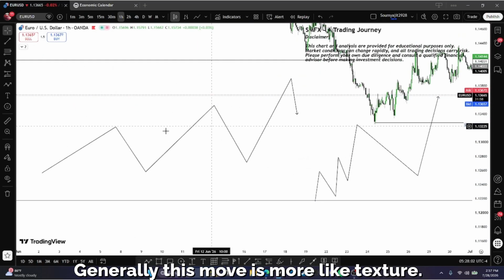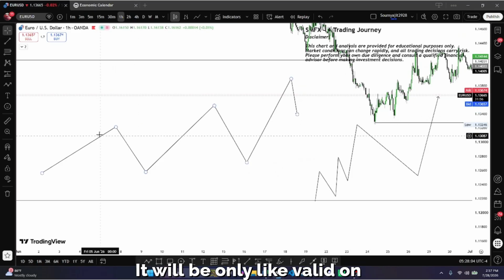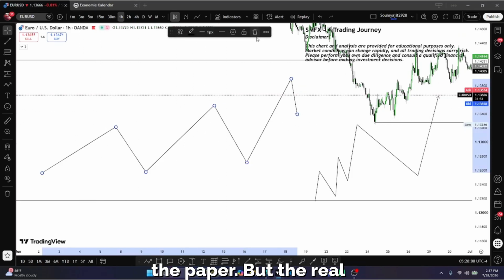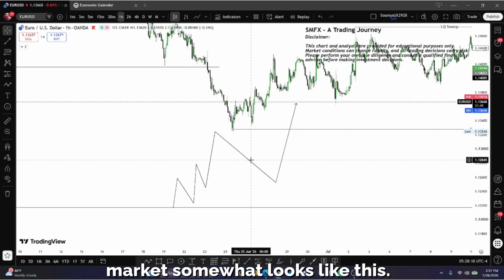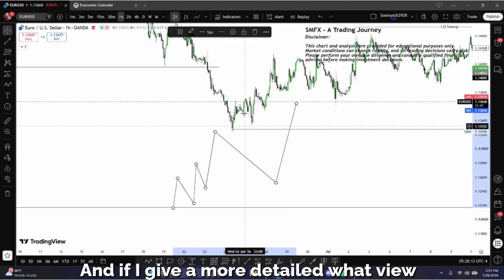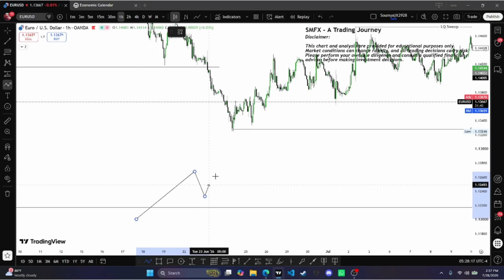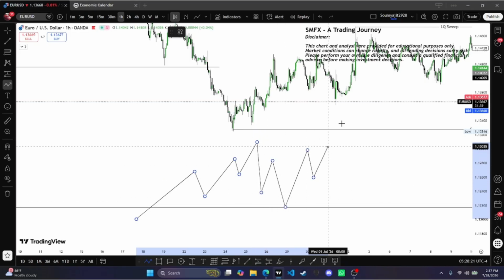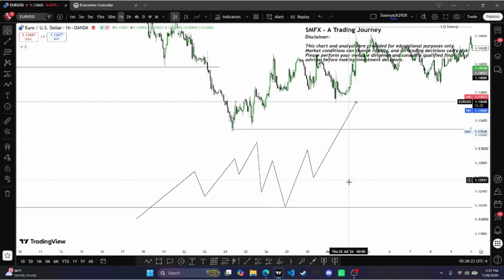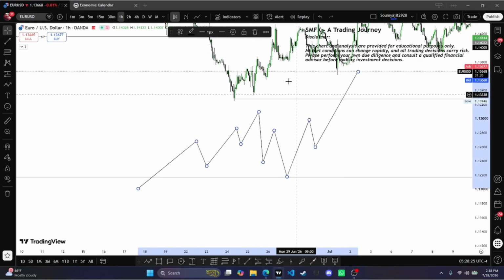Generally, this move is more textbook. It will be only valid on paper, but the real market somewhat looks like this. And if I give a more detailed overview, it will be like this. This is how the market looks in reality.